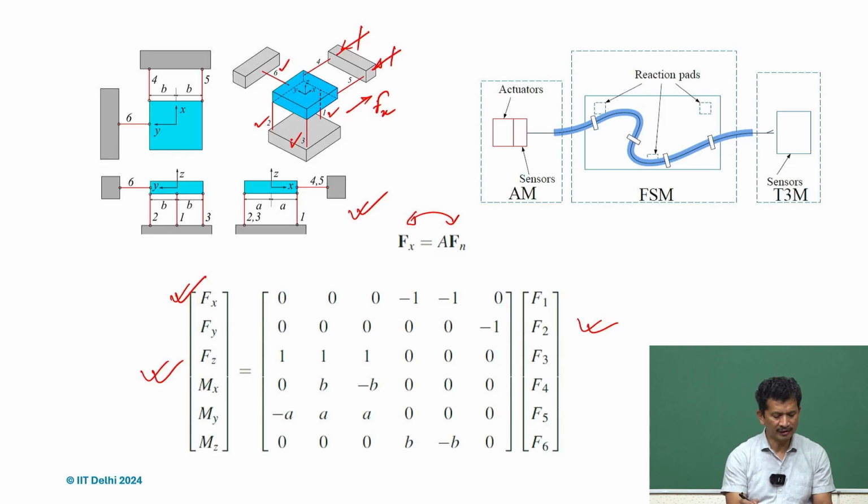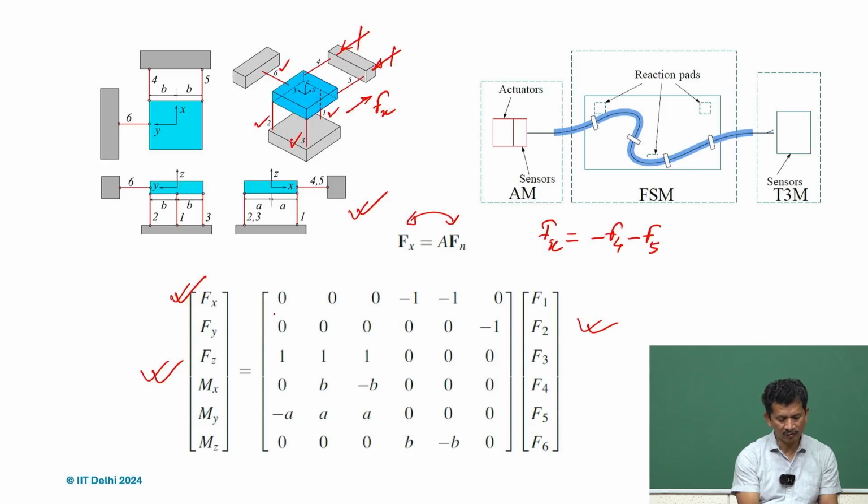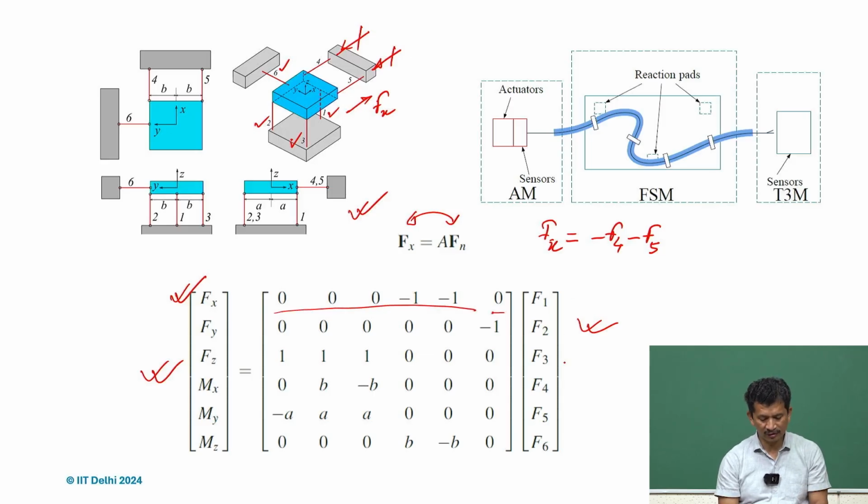So, f x can be written simply as minus f 4 minus f 5, all zeros except f 4 and f 5.